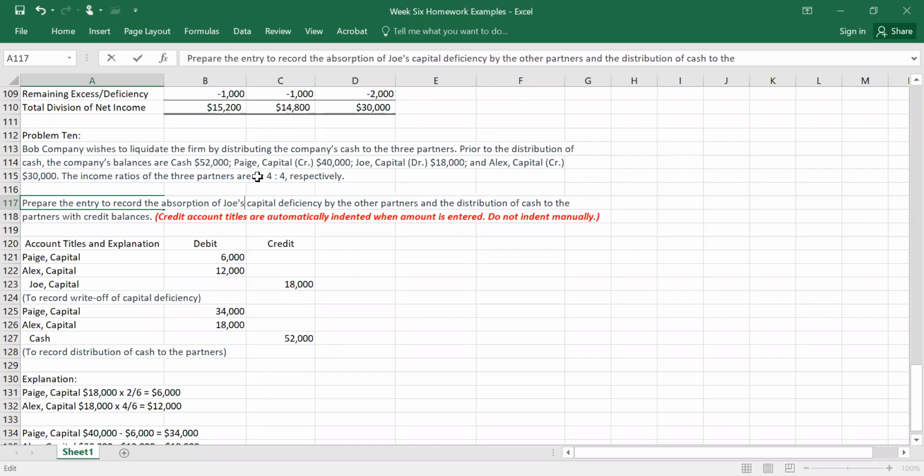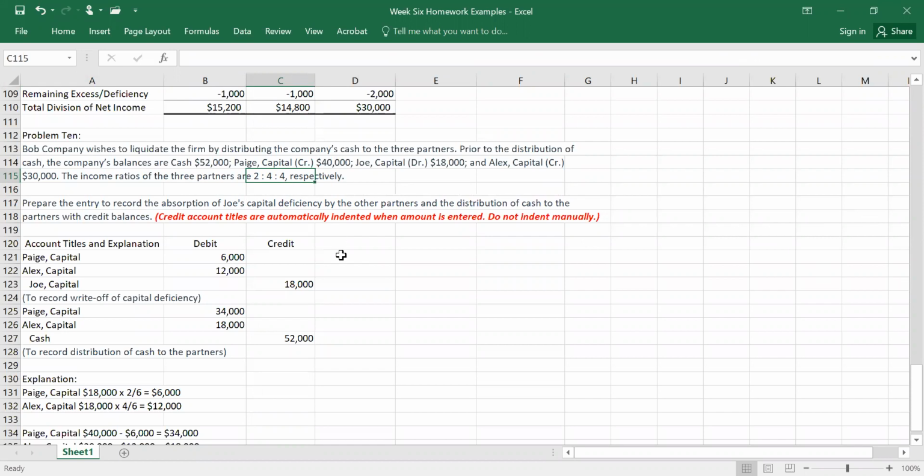So, since we know the income ratio for Paige is 2, and for Alex is 4, Paige is going to be 2/6, Alex will be 4/6. The way we got the 6 is we added the 2 and the 4 together, right? Paige 2, Alex 4, that equals 6.